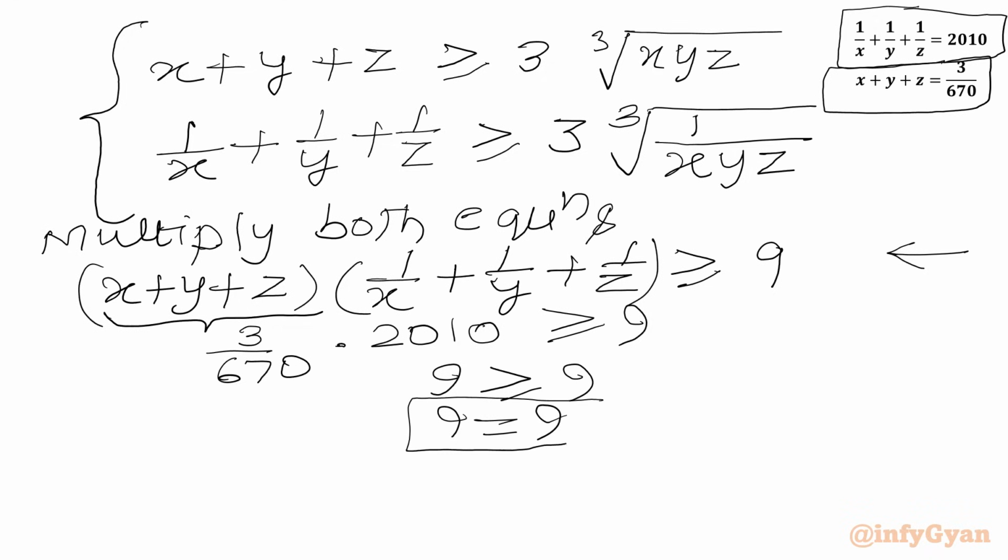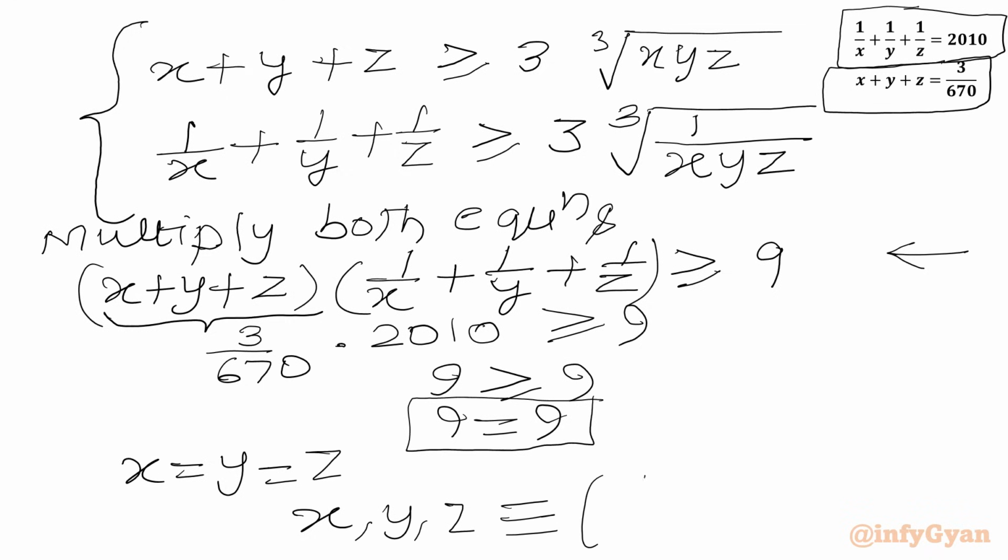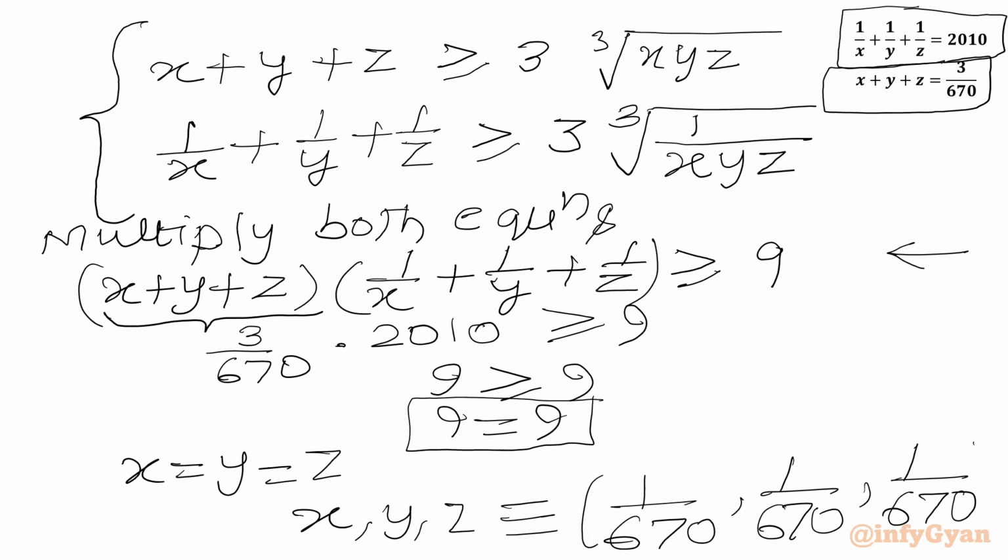AM equal to GM. This will be only possible if x equal to y equal to z, or 1 over x equal to 1 over y equal to 1 over z. So we'll repeat the same steps and get the final answer: 1 over 670, 1 over 670, 1 over 670.